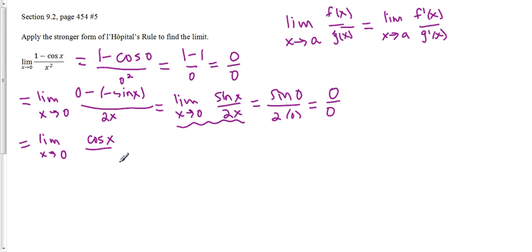Cosine x. And what's the derivative of 2x? 2. And again, I can substitute in. So I'm going to have the cosine of 0 divided by 2, and the cosine of 0 is still 1, so I'm going to end up with a half.